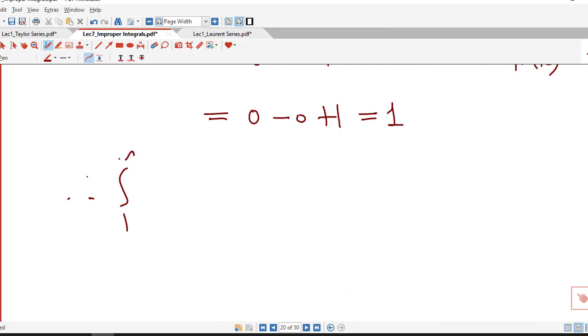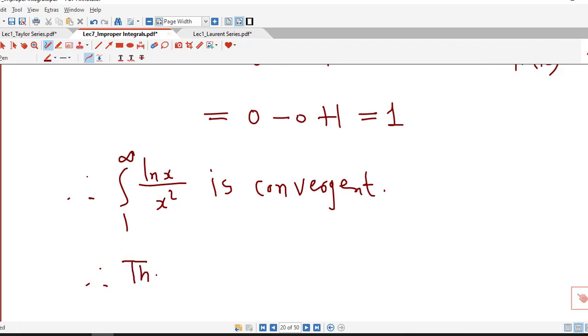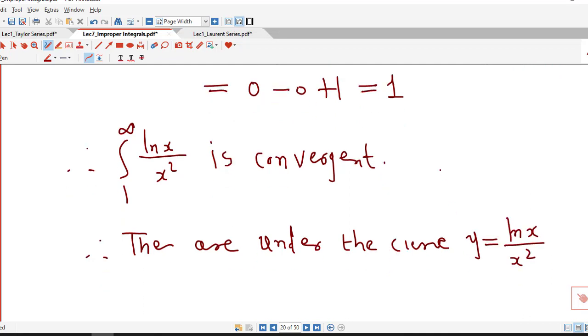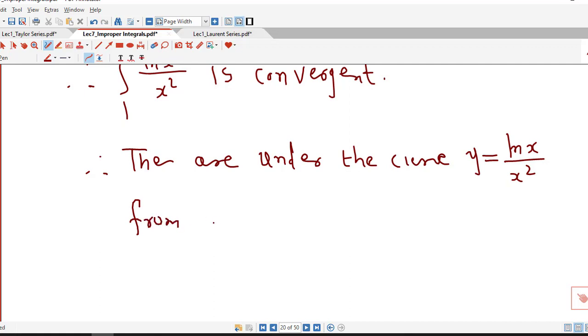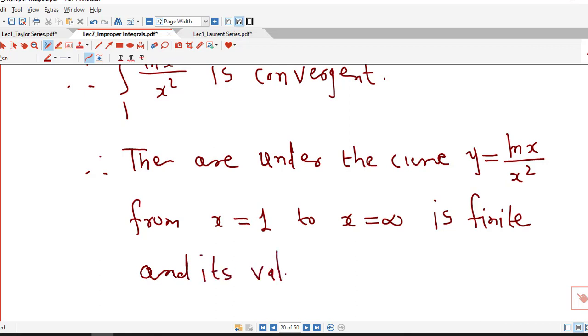So therefore the integral from 1 to infinity log x by x square is convergent, and therefore the area under the curve y equal to log x over x square from x equal to 1 to x equal to infinity is finite and the value of the area is 1.